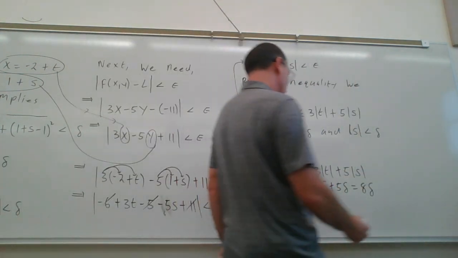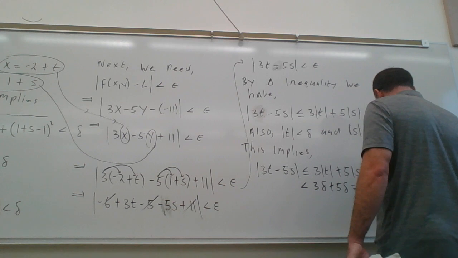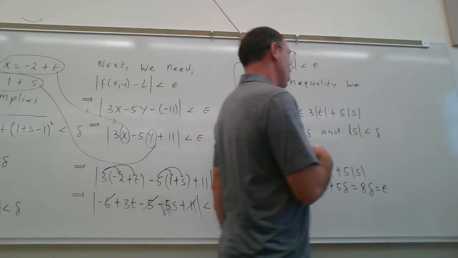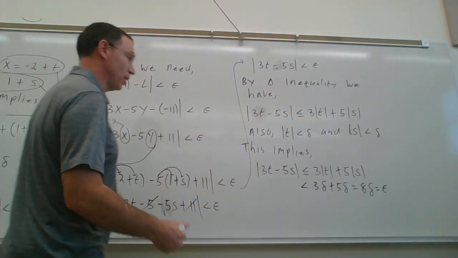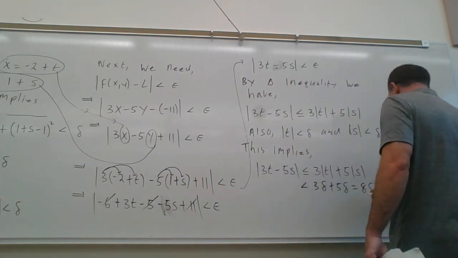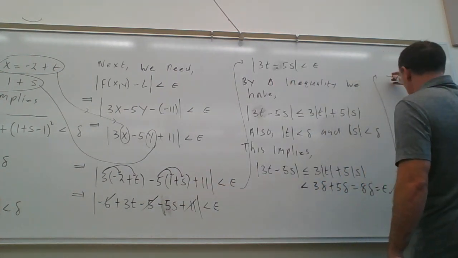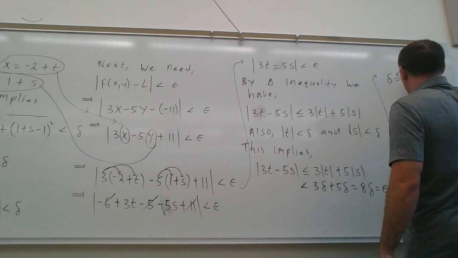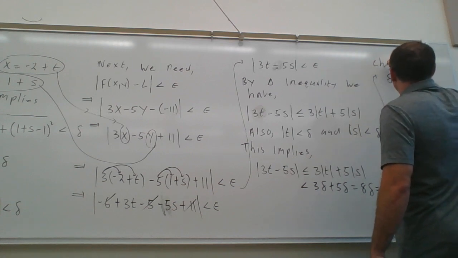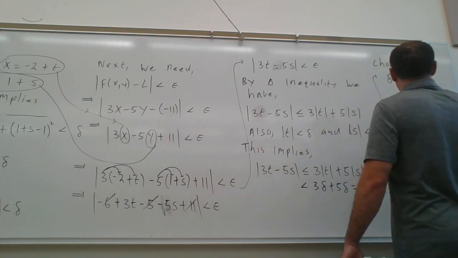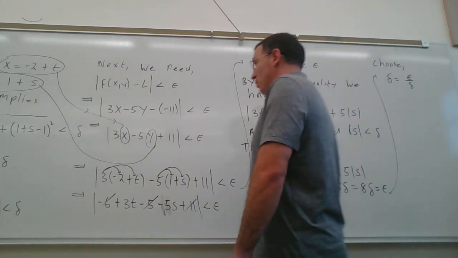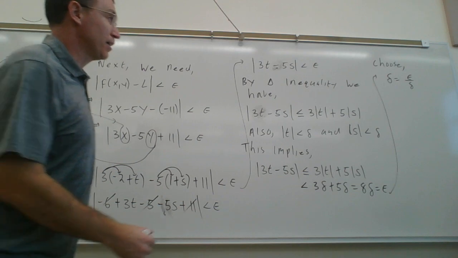And we want this to be equal to epsilon. So therefore, we can solve for delta relative to our epsilon. We can just divide by 8 on both sides. This implies that if I choose delta to equal epsilon over 8, then we're done, because we're looking for a delta that works.